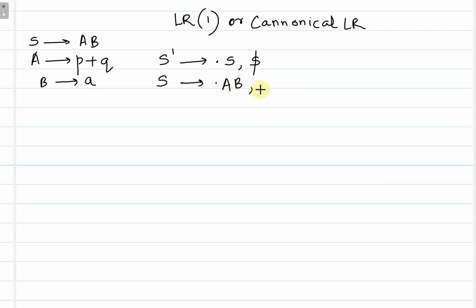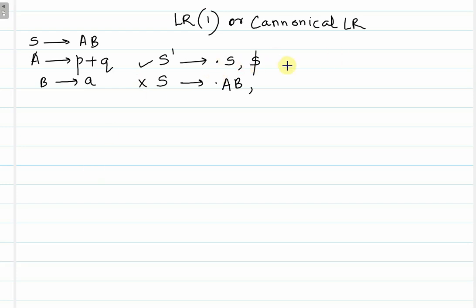In order to find the lookahead symbol for this production, go to the previous production because of which this production has been entered. This production is included because of this one, so I'll put a tick mark here and a cross mark for this production.